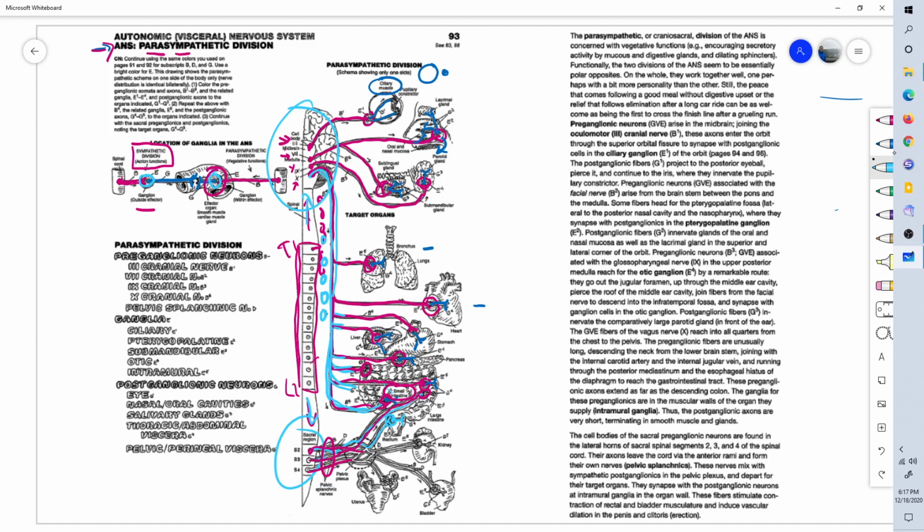Similarly, from the sacral area here and through this plexus, receiving innervation is the kidney. There's the long preganglionic neuron, and then the short postganglionic. I've kind of switched colors up on you here. The short postganglionic neurons.